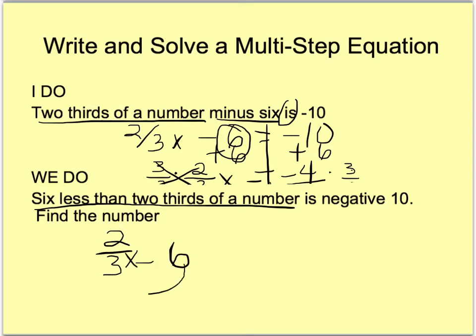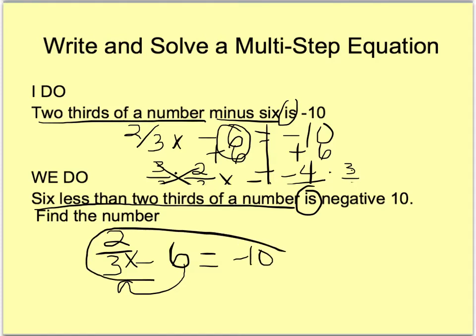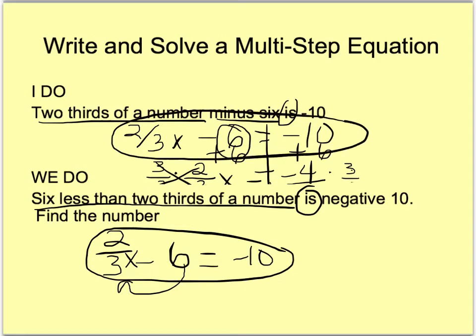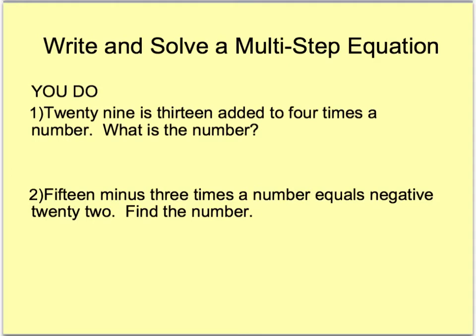So 6 less than 2/3 of a number x is negative 10. Okay, so we can see that this equation is actually the same as the one that we did up here in this problem. It's just another way to say it. So our answer again will be the same. Okay, please try both of these, so pause the video for a moment and then check back at your work.